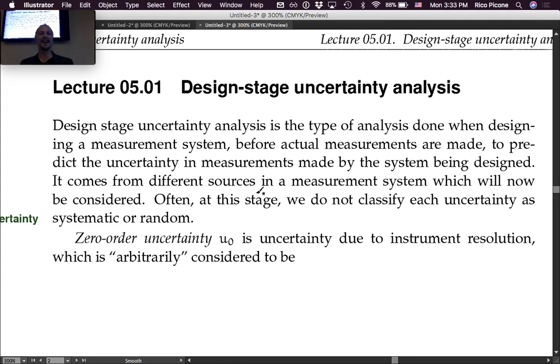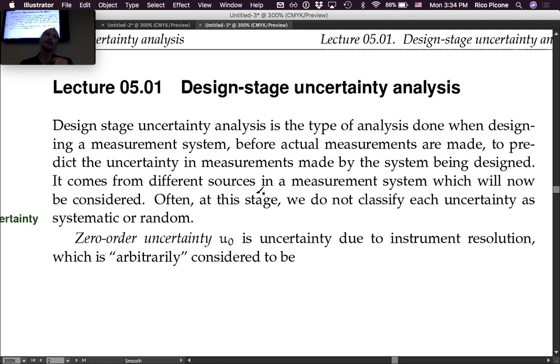Okay. Design stage uncertainty analysis is the type of analysis done when designing a measurement system before actual measurements are made, to predict the uncertainty in measurements made by the system being designed. So early on in the process, we're saying, we need to measure this. Maybe we could use this instrument.